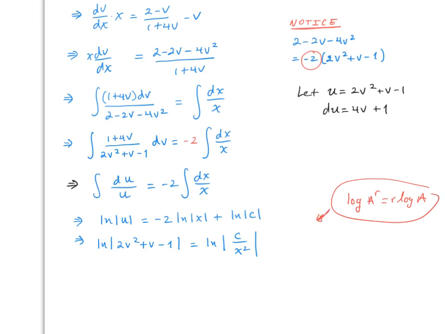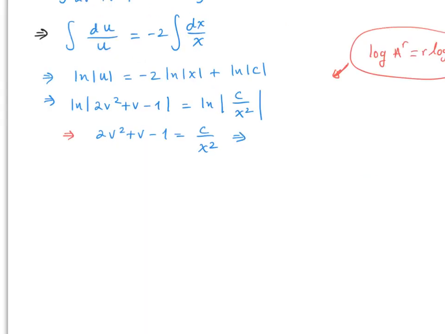Okay, so these are just properties from pre-calculus. Now, since you have log in here and log in here, you can cancel them out. And from here, we get 2b² + b − 1 is equal to the constant over x squared.